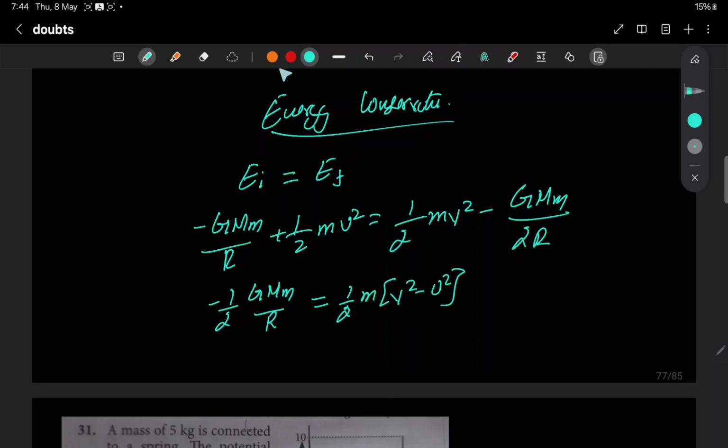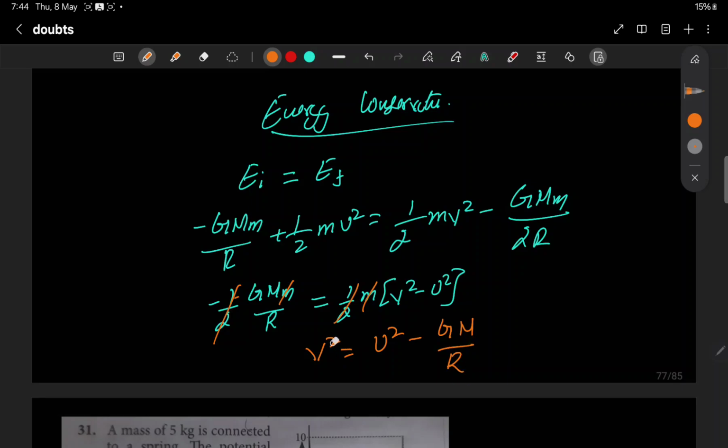So we can cancel this half m. So v square will be equal to u square minus GM by r. So this is what I will get.